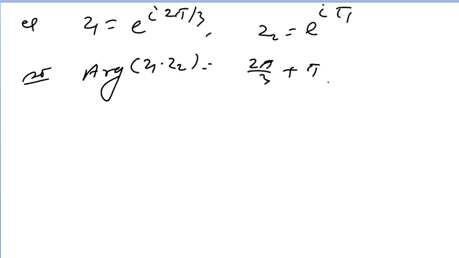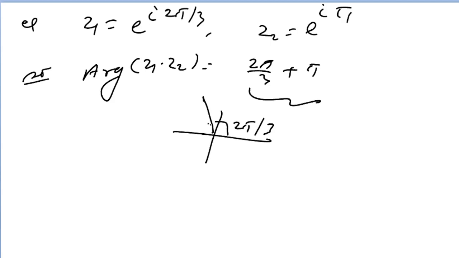So this is 2 pi by 3, and the pi is also added here. After adding the pi, it goes here: 2 pi by 3 plus pi. So this value will be around 2 pi minus pi by 3. That means the total value is 2 pi minus pi by 3, this value.